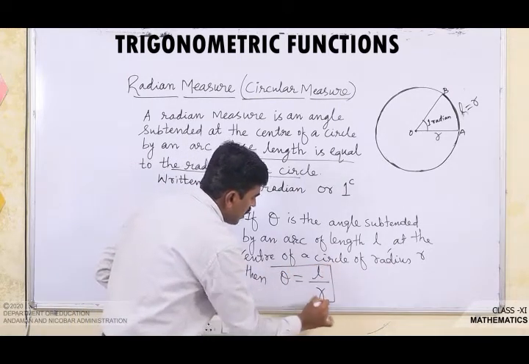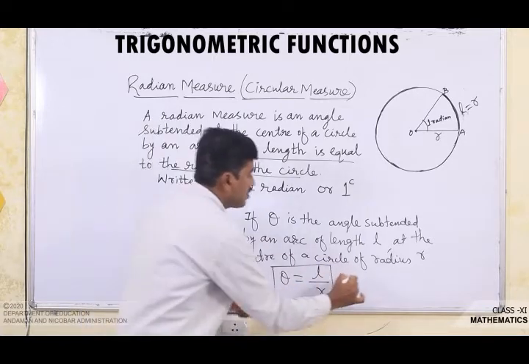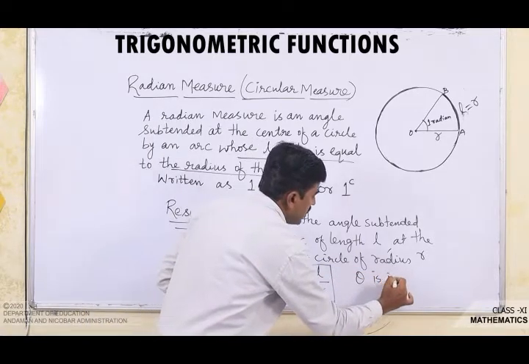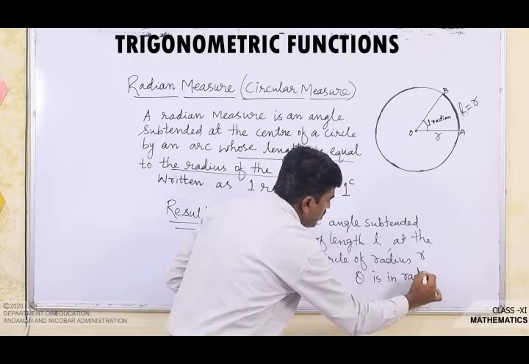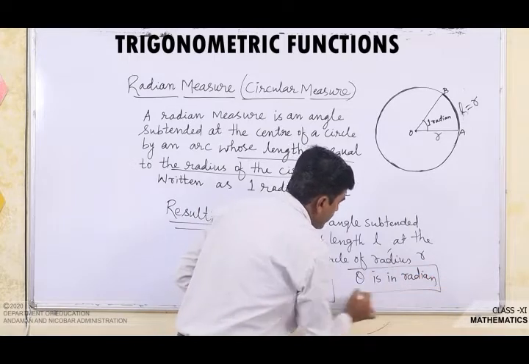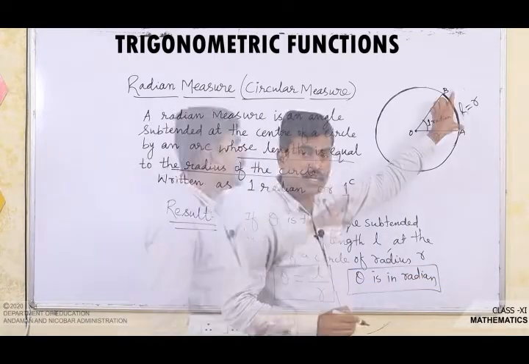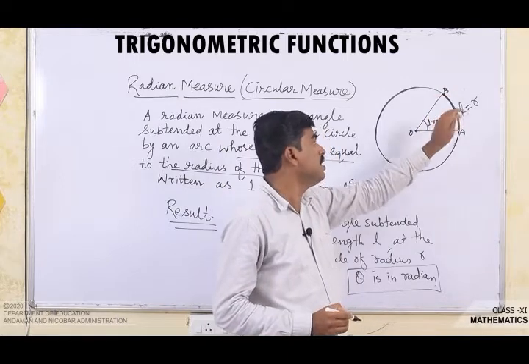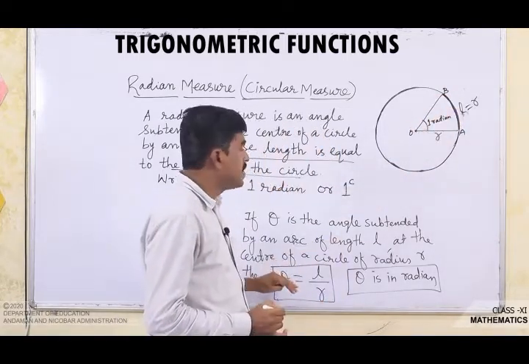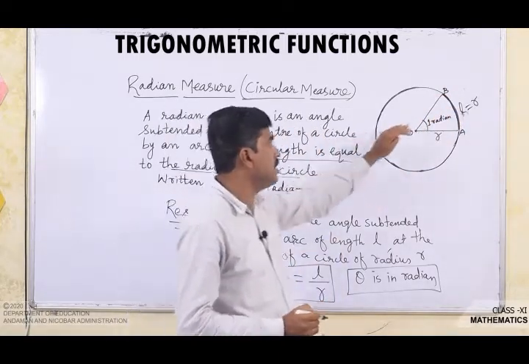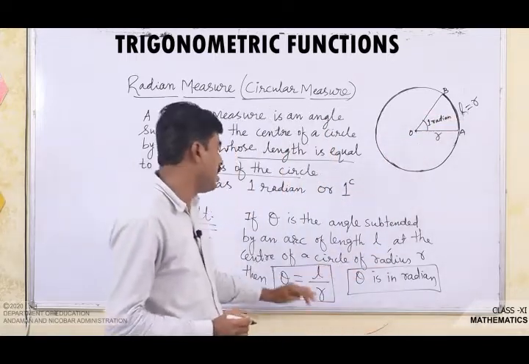Here theta is in radian. That means if the length of the arc is l, then the angle subtended at the center of the circle is given by l by r.